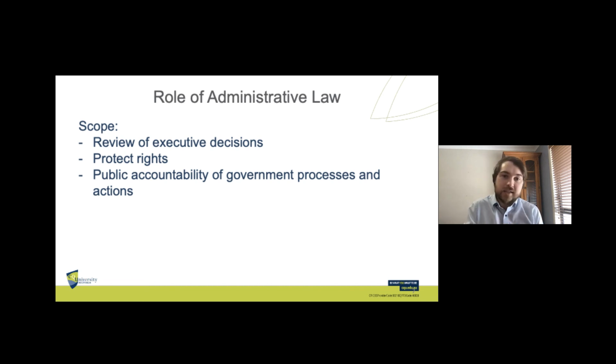If we hide decision-making processes away in secrecy, there's room for, at the worst extreme, corruption, but even just poor process, poor planning, poor decision-making. And so making decisions open and transparent improves the quality of those decisions and improves the quality of governance as a whole.